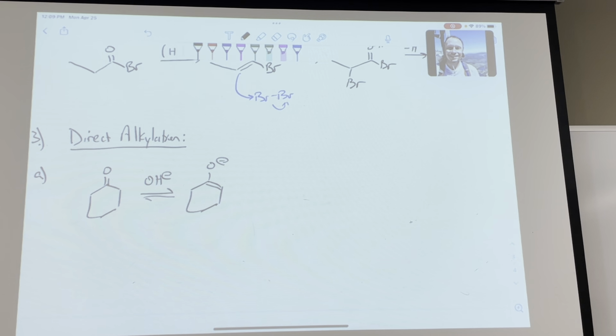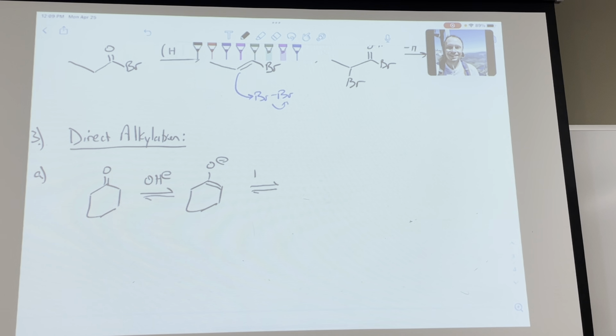And instead of adding a halogen now, what if you used some other kind of electrophile, like a carbon-based electrophile? Something like, I'm just going to use a generic RX. This should be able, in theory, to do something like that.